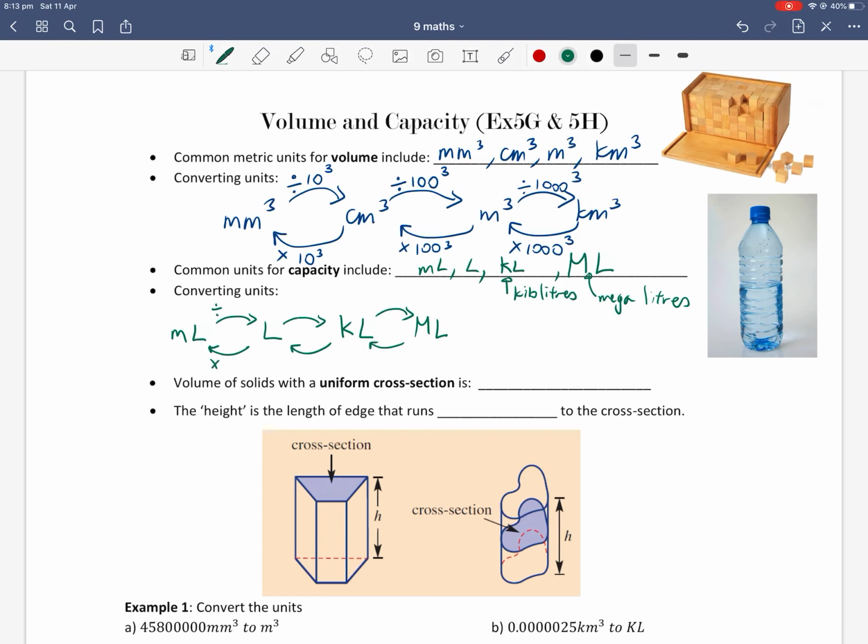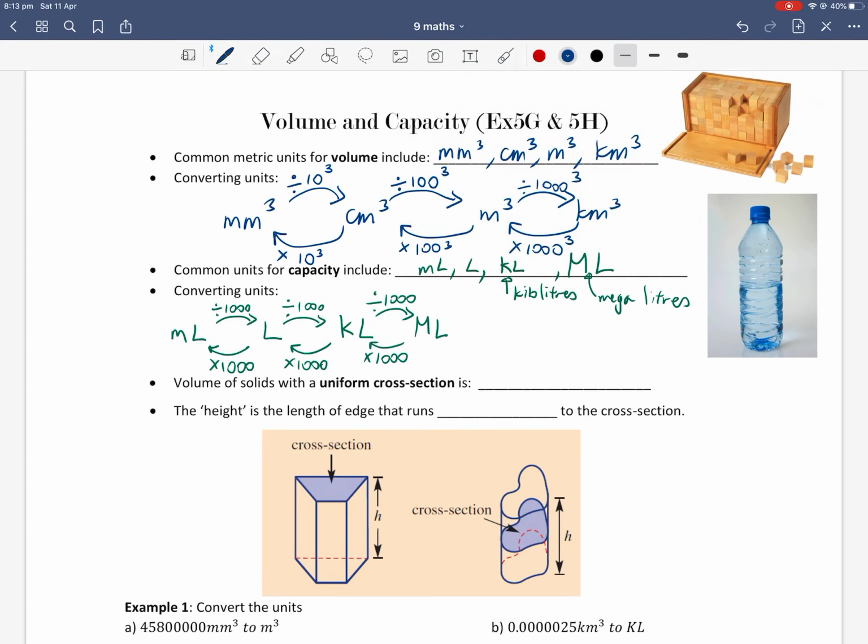D comes before M in the alphabet, so divide on top, multiply on bottom, divide on top, multiply on bottom. Now, capacity is easy because you are literally multiplying and dividing everything by 1,000. Not squared, not cubed, just 1,000. So that's pretty much it.